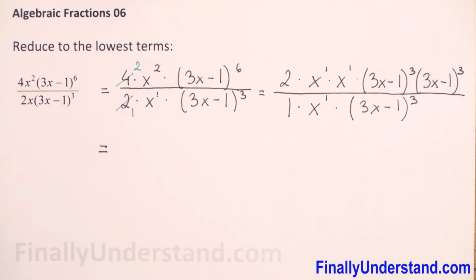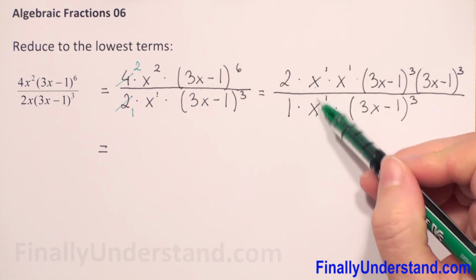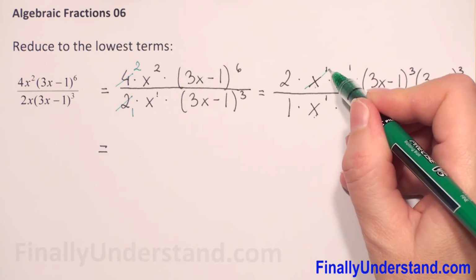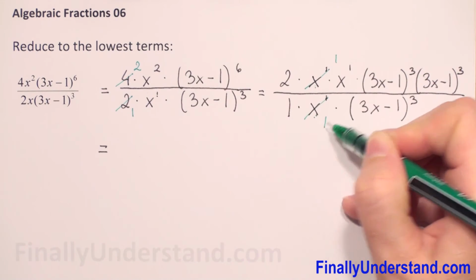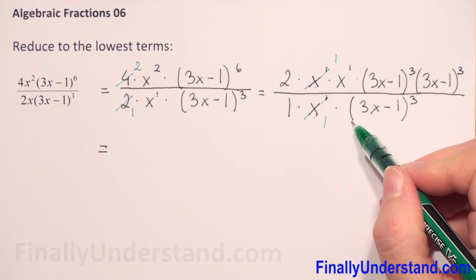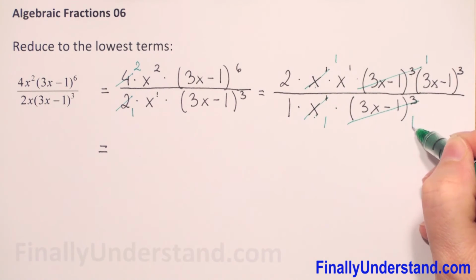So this is equal. Now when we have the same base, the same variable and the same power, we can reduce. So this is 1, 1, and (3x minus 1) cubed, and cubed we have. So this I can reduce, so it will be 1, 1.